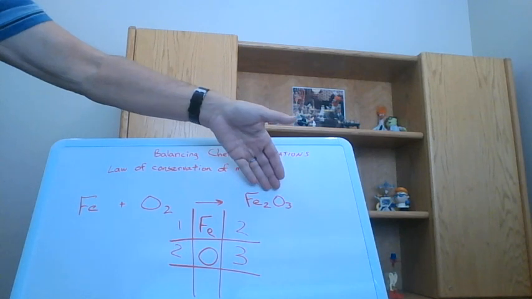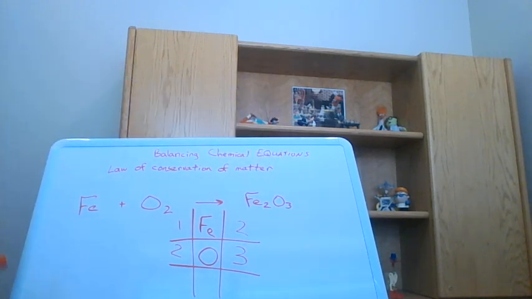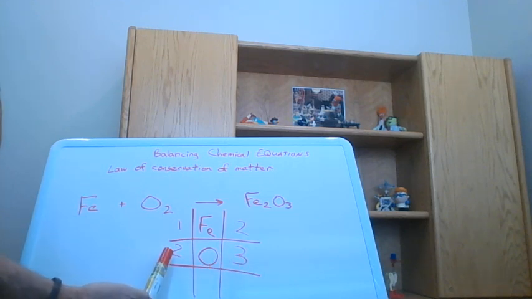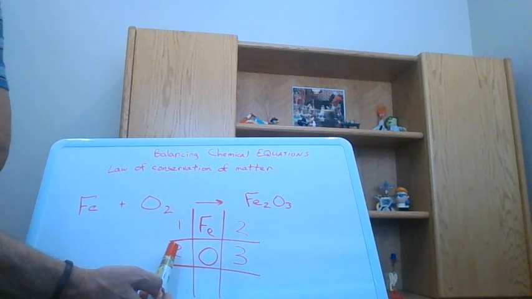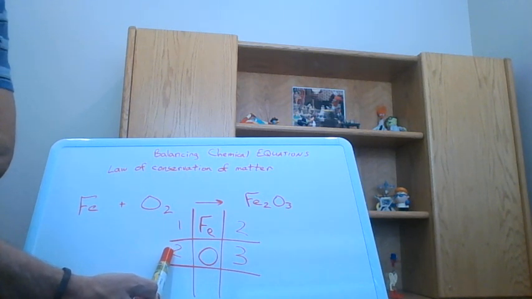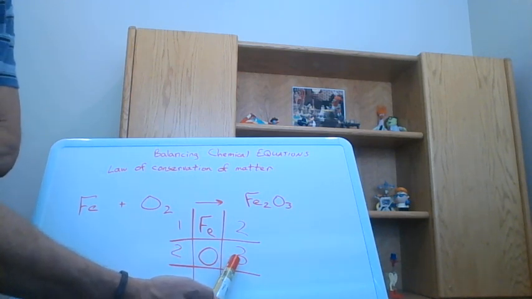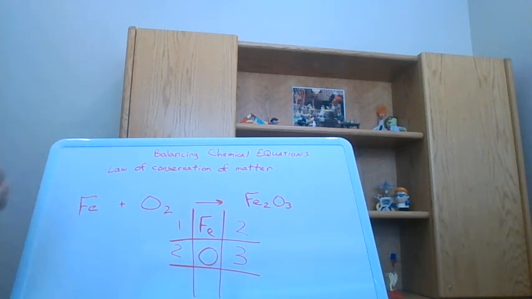and you start with your more complex compounds first. In addition, I would look to see if I have an odd number of something on one side and an even number on the other side, because there's no number that we can multiply an even number by to make it an odd number. So for example, here we have an even number of oxygen and an odd number, so this number is going to have to become an even number.